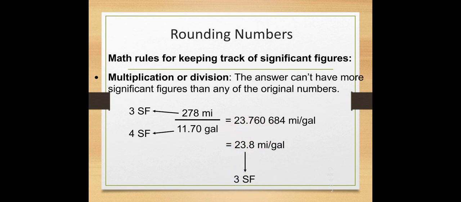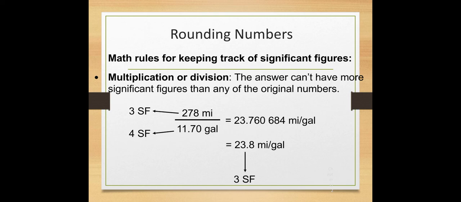But what happens when our answer is up to 4 significant figures? This answer can't have more significant figures than any of the original numbers, because 3 significant figures is less than the answer.